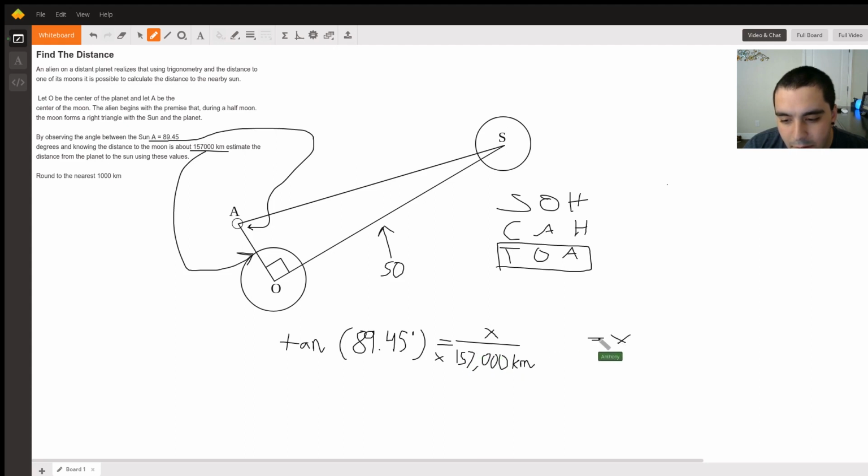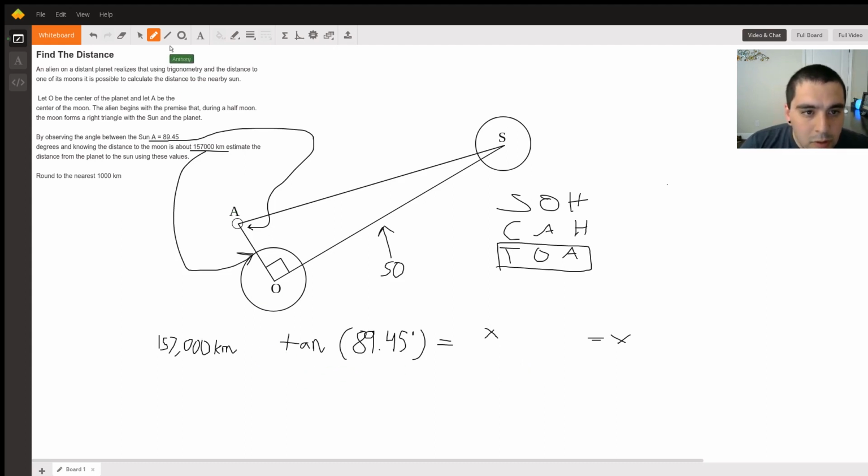Actually, x is a really bad symbol to use here because we're using x as our variable, so we'll use a little dot to talk about multiplication.